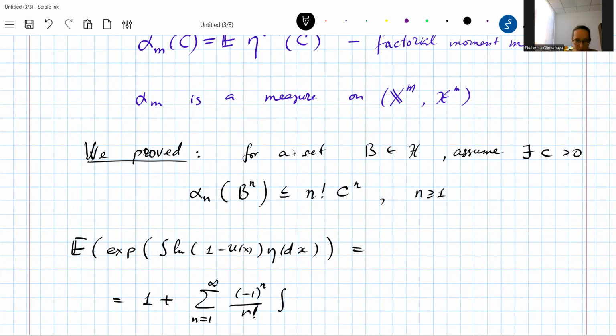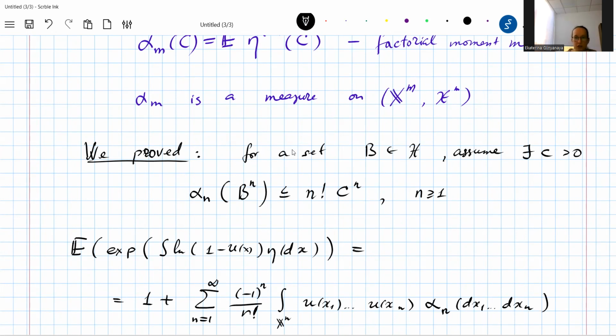And here we wrote the integral to the power n, u of x1, u of xn, and here the factorial moment measures of the process eta, dx1, dxn.